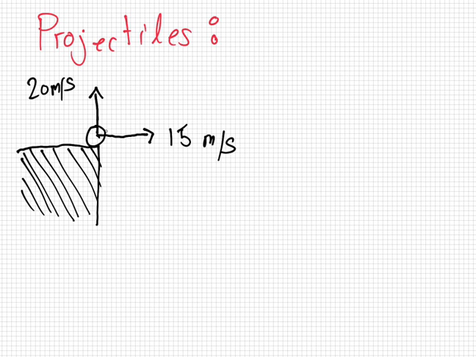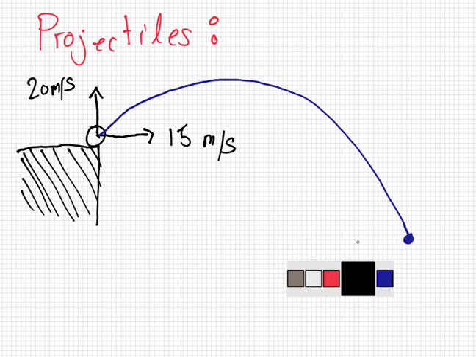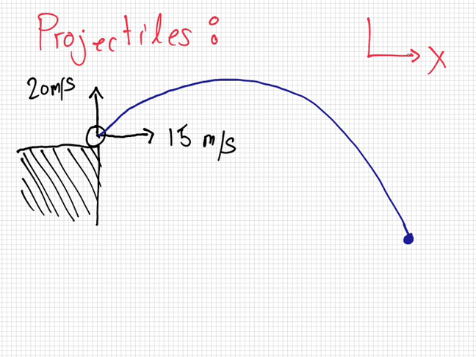But now, because it has a horizontal and a vertical speed, it will travel like this. So this has now an X and it has a Y.